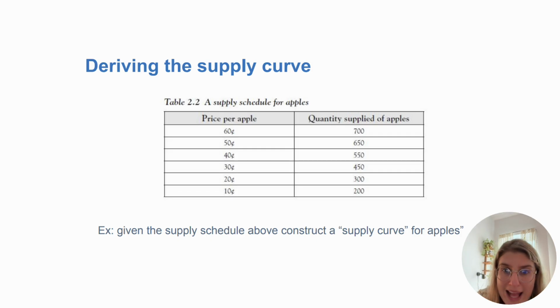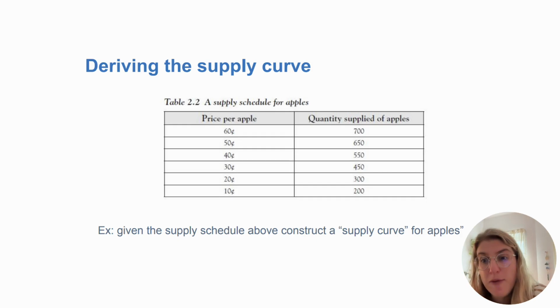But as we move down by 10 cents, from 60 cents to 50 cents, the quantity of apples supplied goes down to 650. We know from the demand point of view, more apples will be demanded because the price per apple has decreased. But from a supplier's point of view, when the price decreases, their potential profits decrease as well.